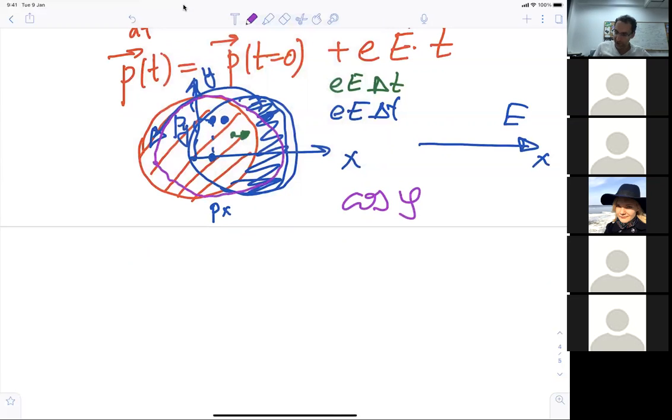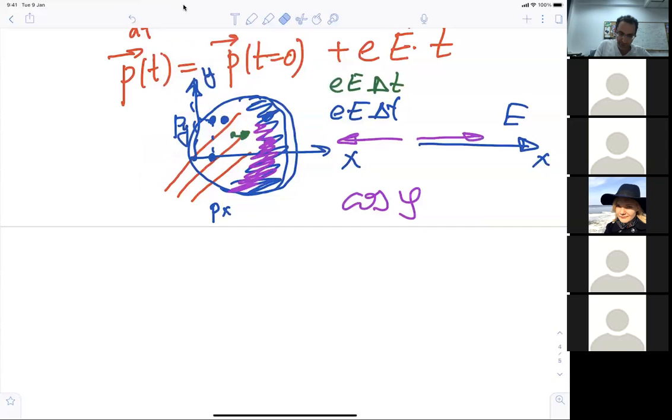When phi is equal to 0, this is in the direction of the electric field and it's positive. When phi is equal to pi, it's negative. So there are fewer electrons here and more electrons there. So we have extra electrons here and a lack of electrons there.